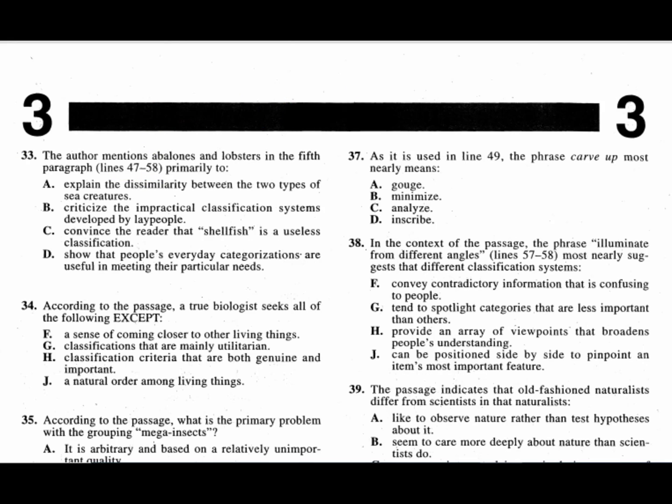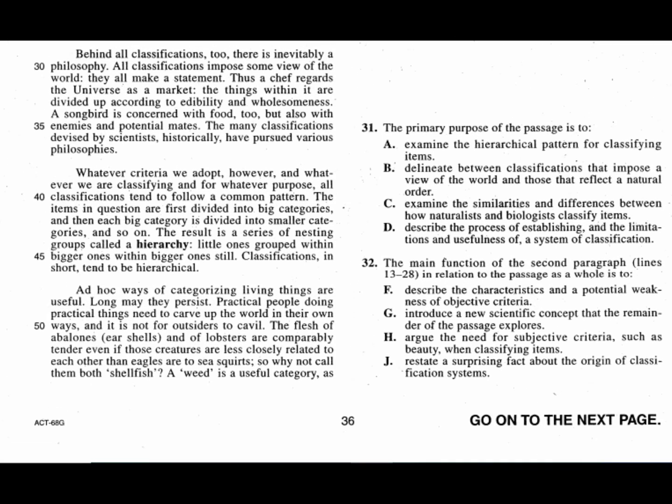Let's jump on in here and take a look at line 47. First thing I would do probably, since it's a big paragraph, is take a look at our topic sentence. All right, so here we are. Here's our paragraph right here. And now we're going to go ahead and just read this. Ad hoc ways of categorizing living things are useful. Tool 1, topic sentence. I just read that. Tool 2, good stinky rule.